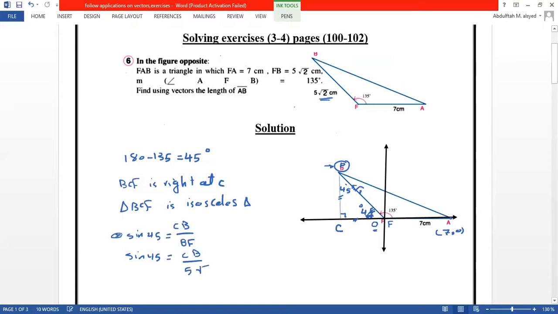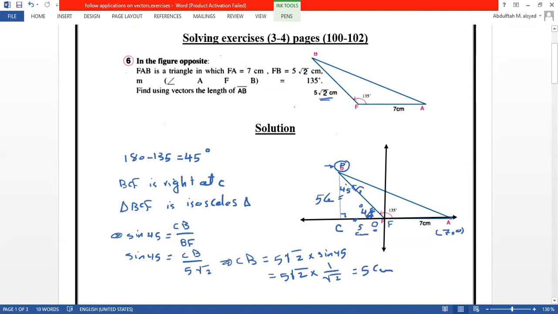So CB equals 5 root 2 times sine 45, which is 1 over root 2, equals 5 centimeters. This is also 5 centimeters because this is an isosceles triangle.